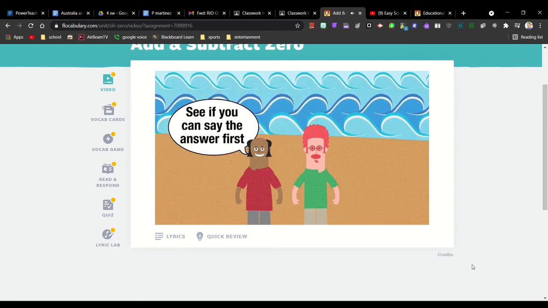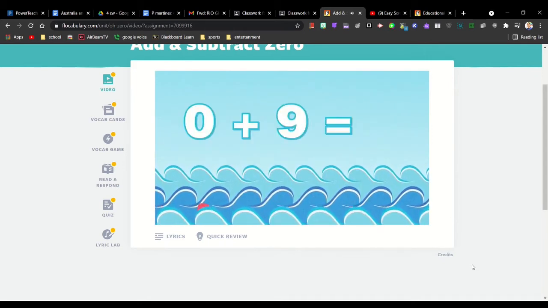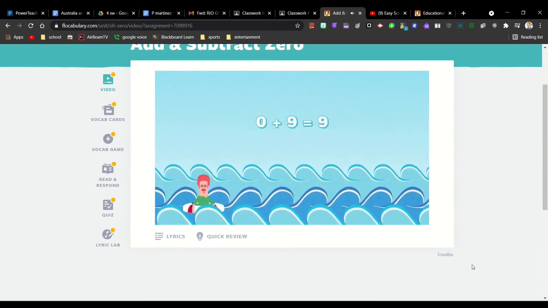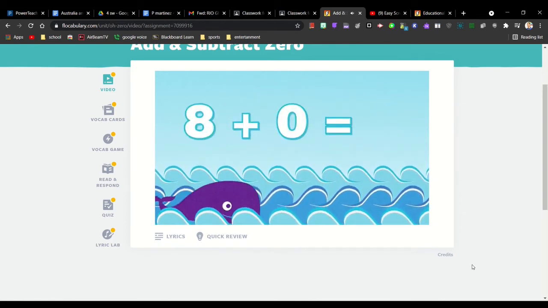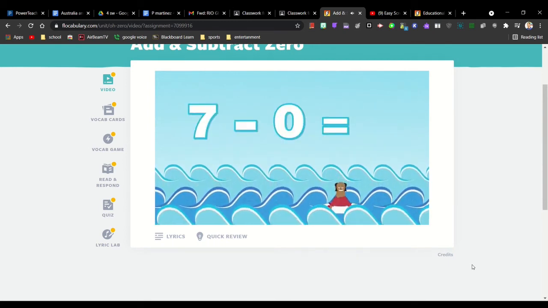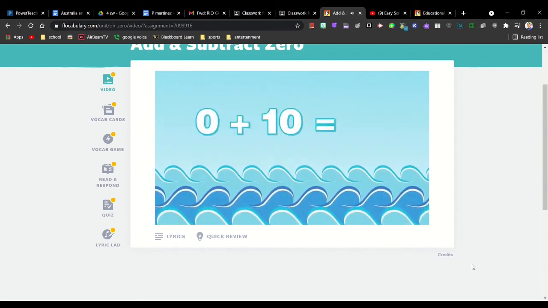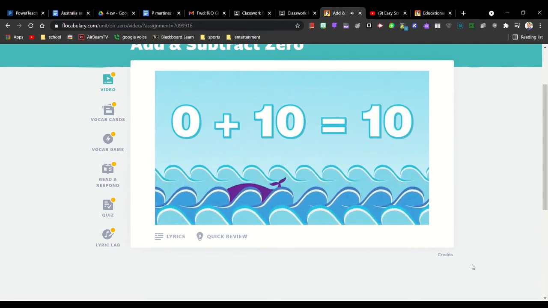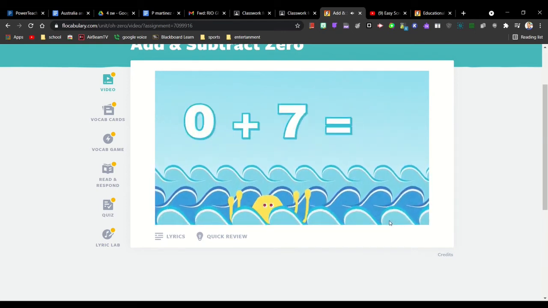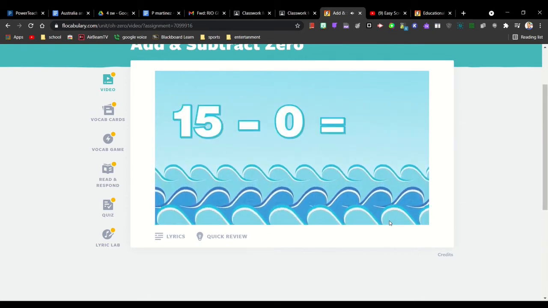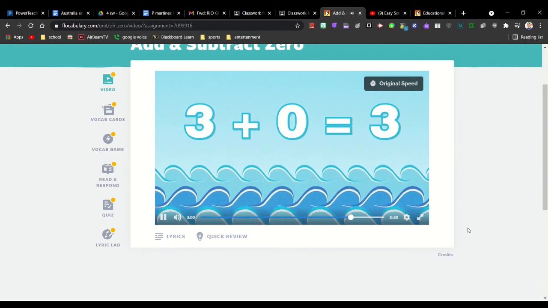Okay, kids, for this verse, see if you can say the answer first. 2 plus 0 is 2. 0 plus 9 is 9. 4 minus 4 is 0. 8 plus 0 is 8. 7 minus 0 is 7. 2 minus 2 is 0. 0 plus 10 is 10. 11 minus 11 is, come on, 0. 0 plus 7 is 7. 15 minus 0 is 15. 3 plus 0 is 3.